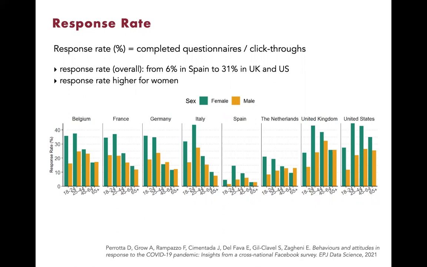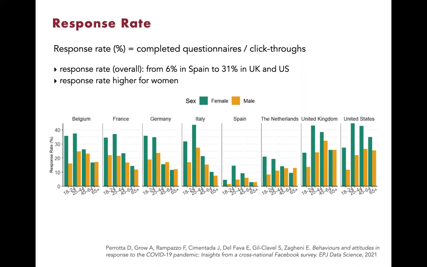You see that the response rate was generally high, except for Spain, where the cost per questionnaire was generally higher than in other countries. Unfortunately, we don't have any clue why this happened. Perhaps there were other advertisements competing with our advertisements, so it was more difficult to reach people and participants for our survey.